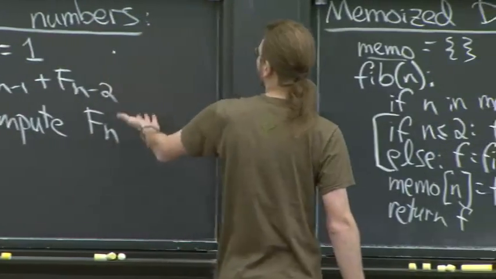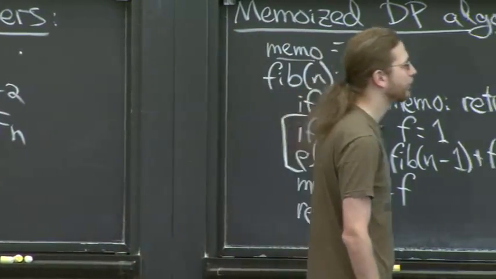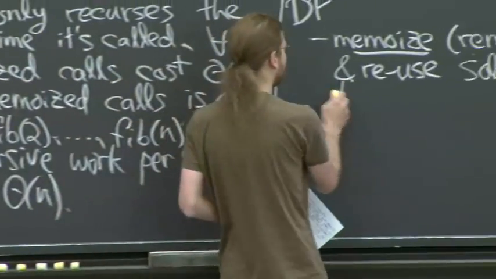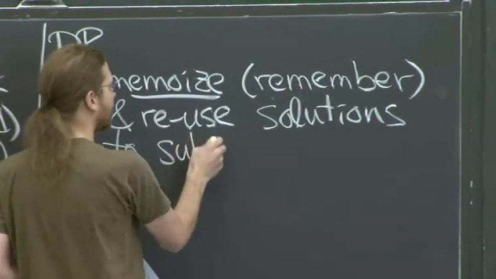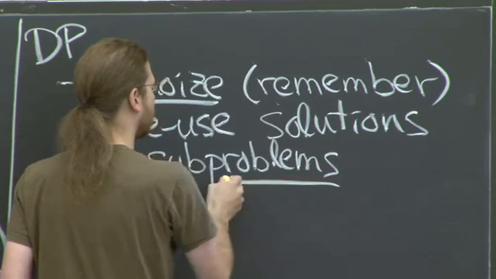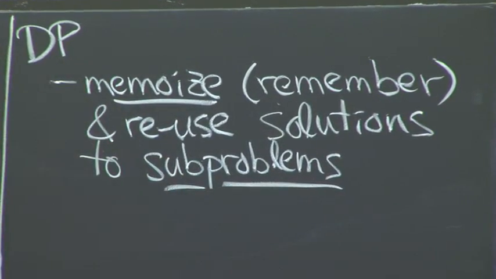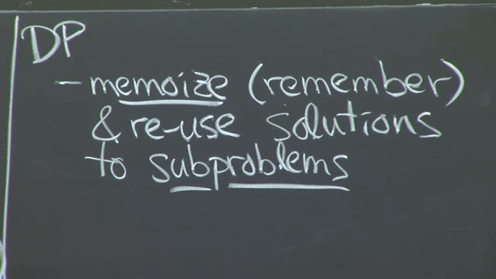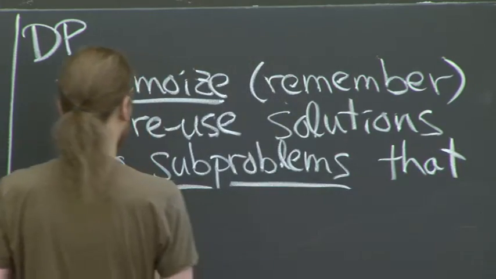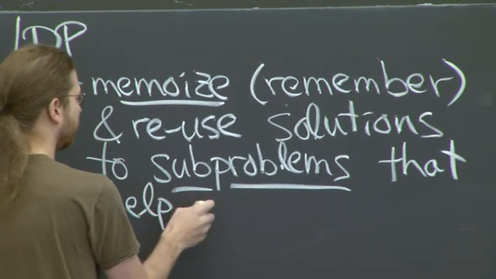They're not always of the same flavor as your original goal problem, but there's some kind of related parts. And this is the big challenge in designing a dynamic program: to figure out what are the subproblems. Let's say always the first thing I want to know about a dynamic program is what are the subproblems. Somehow they are designed to help solve your actual problem.